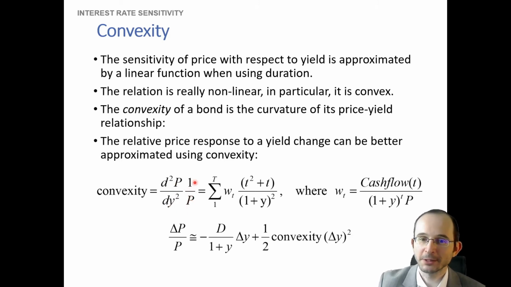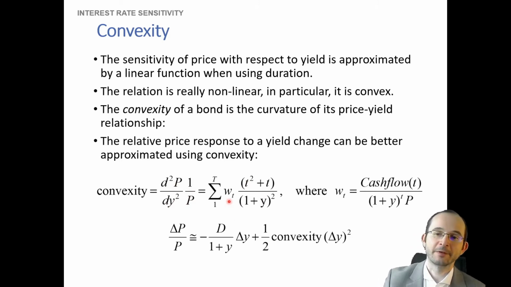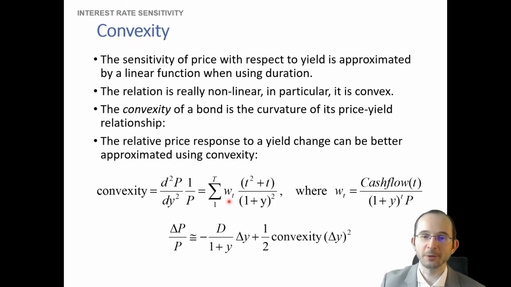times 1 over price. And that's going to be calculated as, again, the same cash flow present value relative to total value of the bond weights, except that now what we're going to be weighting is a nonlinear transformation of the cash flow's maturity. Instead of just t as for duration, we're going to weight t squared plus t over 1 plus yield squared.